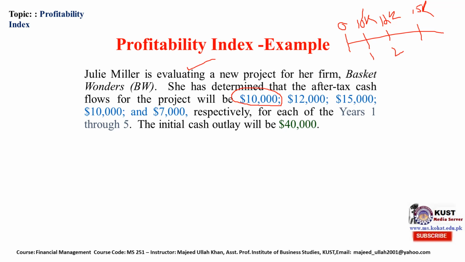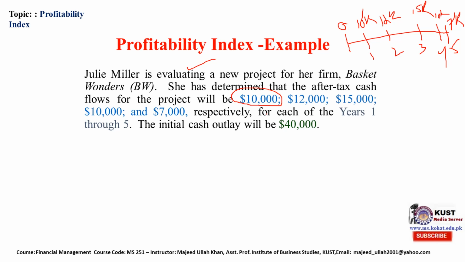For the fourth year it is 10,000 again. For the fifth year, it is 7,000. 7K, K for kilo, means 1,000.